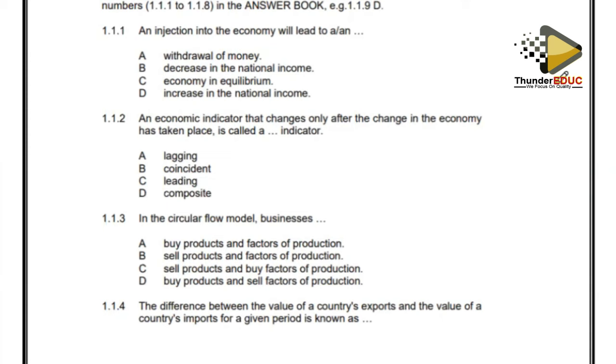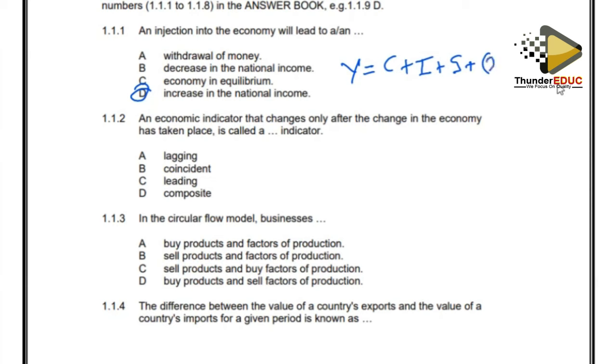So for this question, our appropriate answer is going to be D, which is an increase in the national income. Here, when you talk of the national income, we check the income that comes from the household, which is consumption by the household. Also, we check the investment by firms, and also the government spending, as well as the net exports.